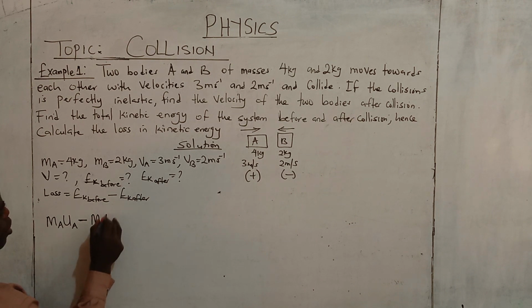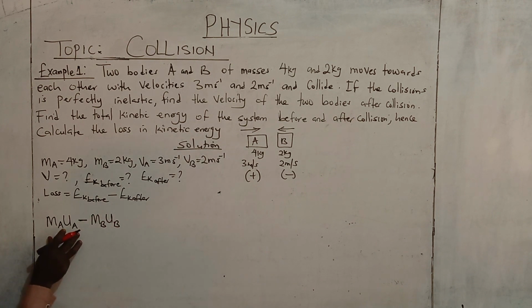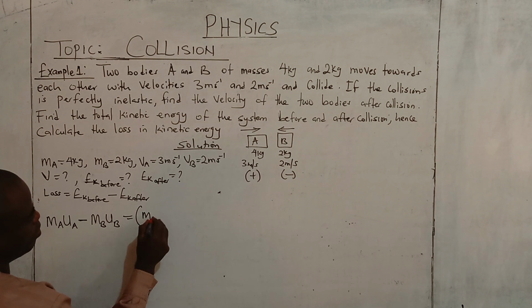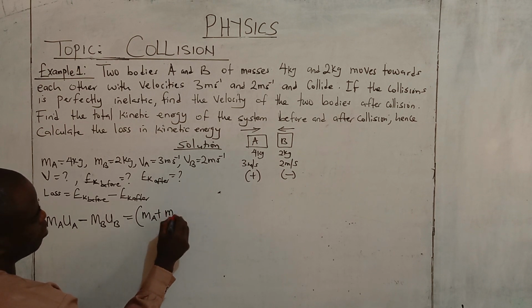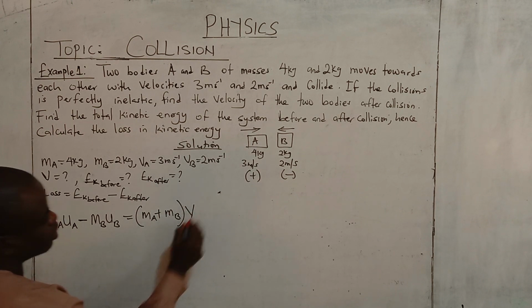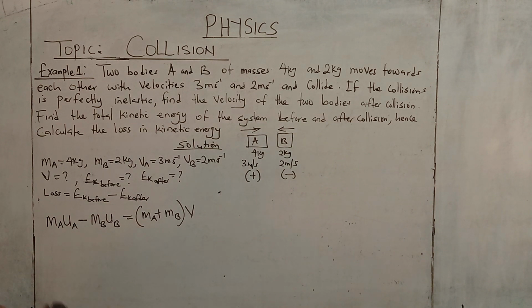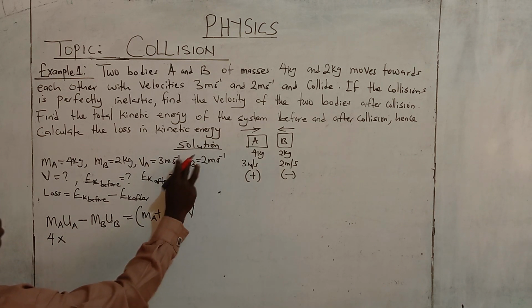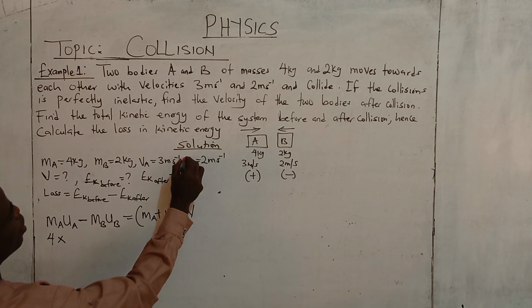MB UB is the second object, equals open bracket MA plus MB, the same velocity, because it's perfectly inelastic. We're looking for the common velocity V. UA is our U.